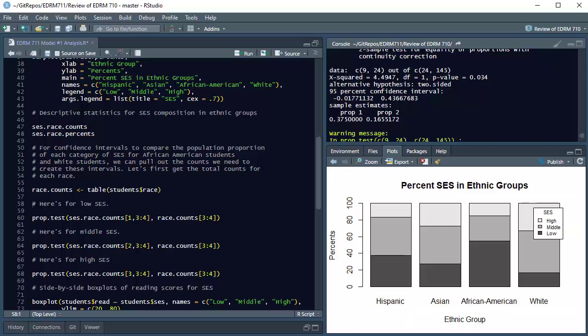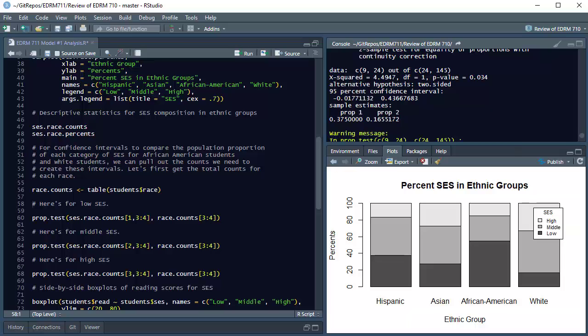So from the sample, I say Hispanic have a higher proportion of low SES than whites, but it's not enough to make me 95% confident in the population, although it does look like it probably is higher percentage low SES, but I can't say that really with true 95% confidence. If I took this to 90% confidence, I bet it would work out that way.